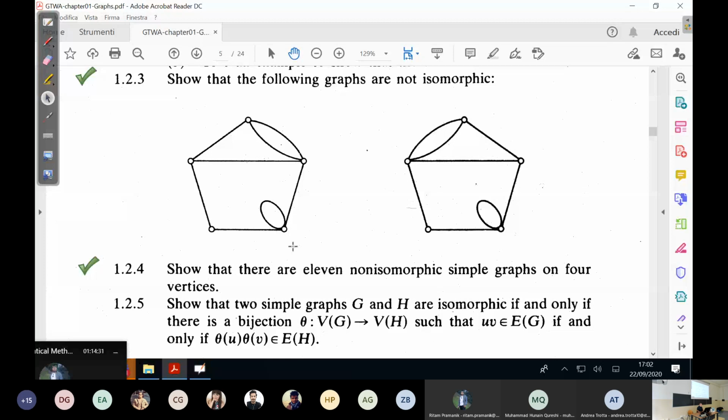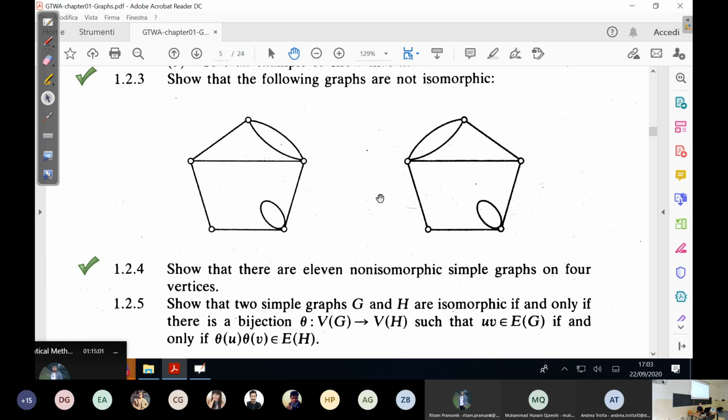But what do I have? I have here, for instance, that the only vertex of degree 2 is adjacent to the only vertex of degree 3, but here it's not like that. The only vertex of degree 2 is not adjacent to a vertex of degree 3. It's adjacent to a vertex of degree 4 on one side and degree 4 on the other side.